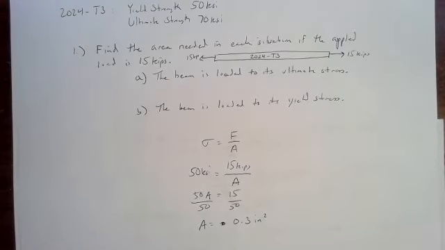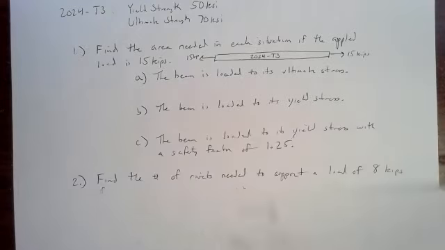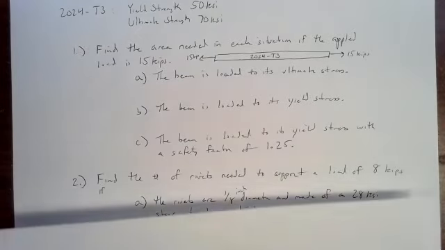As long as the force never goes above 15 kips and the material never weakens, there's no corrosion or anything like that, or cracks that might form, or physical damage that might reduce the area somewhere, then this thing will never change shape permanently. But if we want to build a little bit of a safety factor in there, we have the option to do so here.